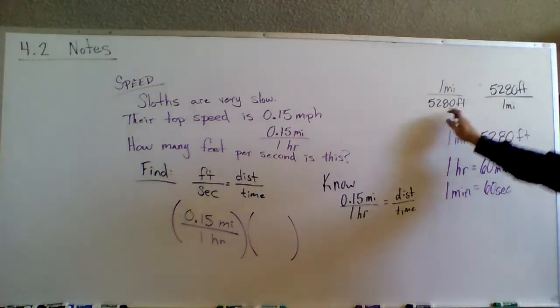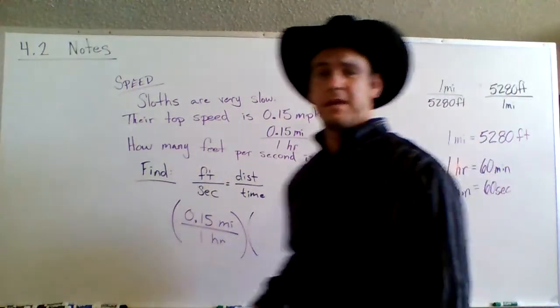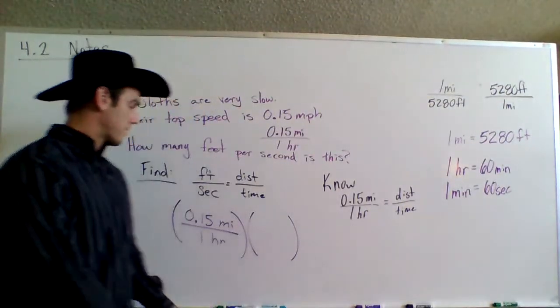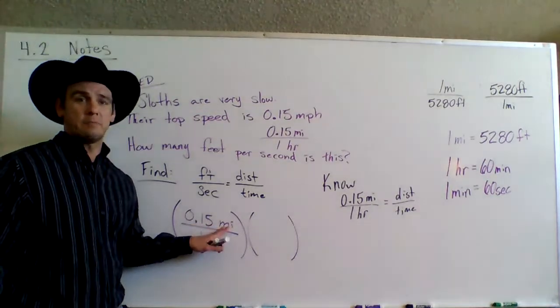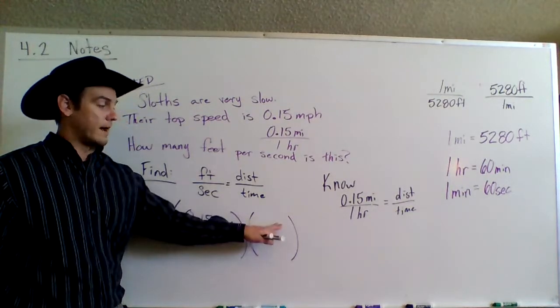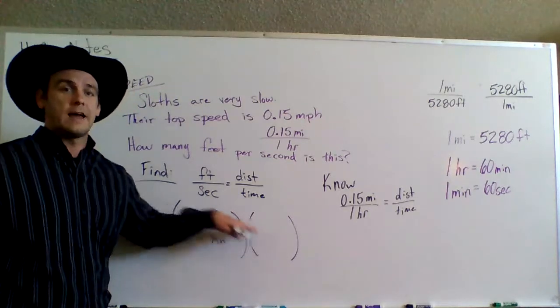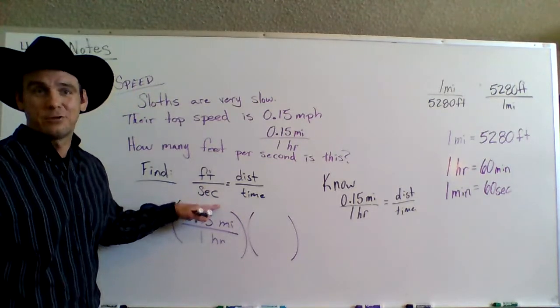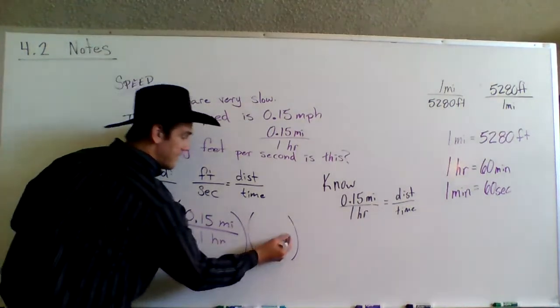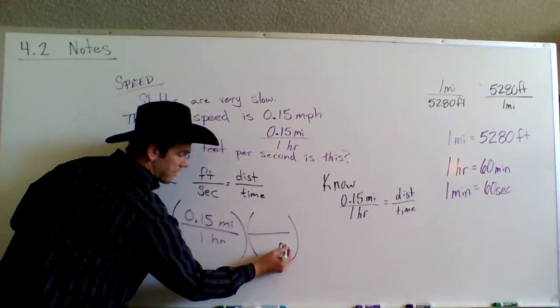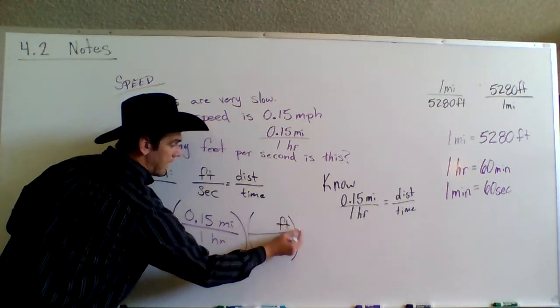Either one of these is going to be fine, but only one of them is going to make sense in this problem. I have miles on top. Would I put miles on top to get this to cancel, or would I need it to go on bottom so we can cancel diagonally? Kind of told you the answer there now, didn't I? So I'm going to put miles on bottom, I'm going to put feet on top.